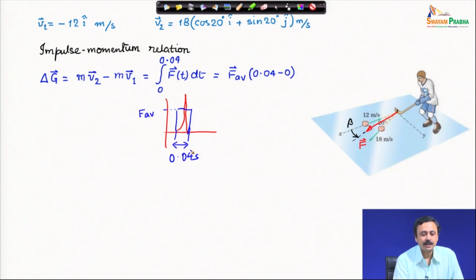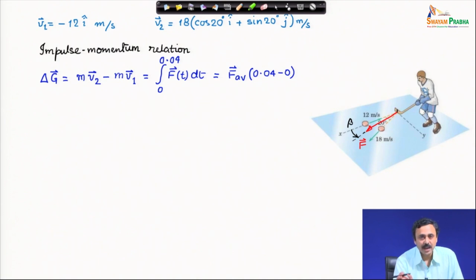Finding out the exact form of the force is very difficult. That is what we are going to do. Therefore, this integral I am going to represent as an average force vector times the time interval. It is the area under the rectangle which I drew.